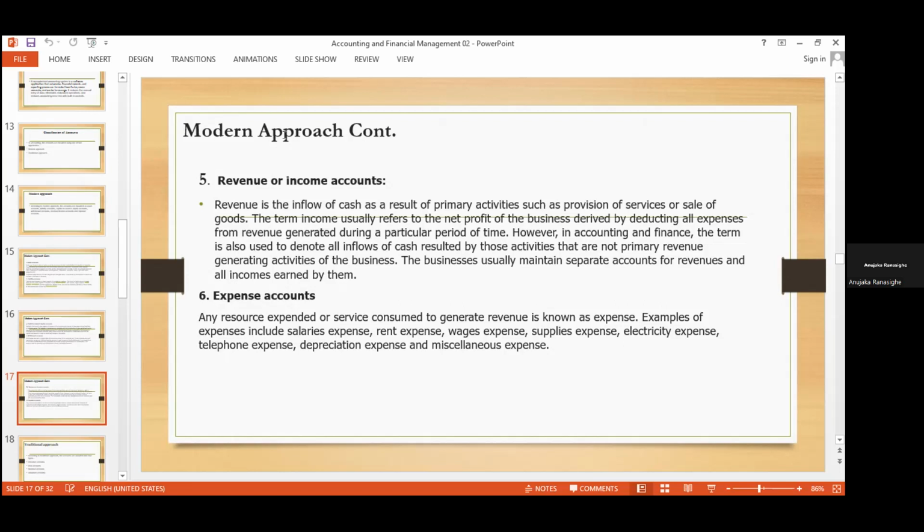Any resource expended or services consumed to generate revenue is known as expenses. Examples include salaries, rent, wages, supplies, electricity, telephone, depreciation, and any miscellaneous expenses, which are entered to these accounts under the modern approach system.